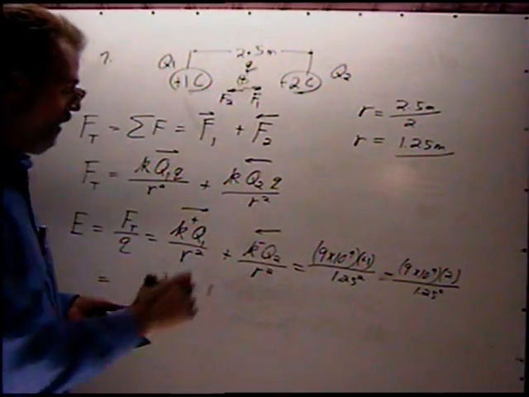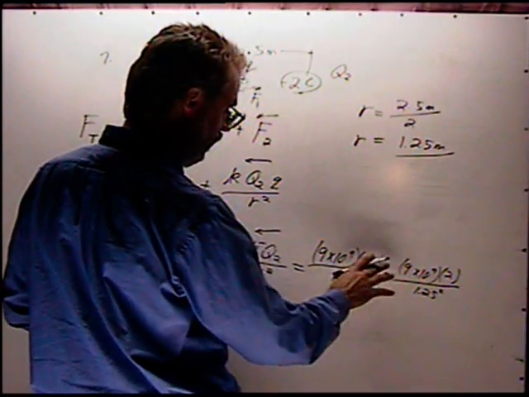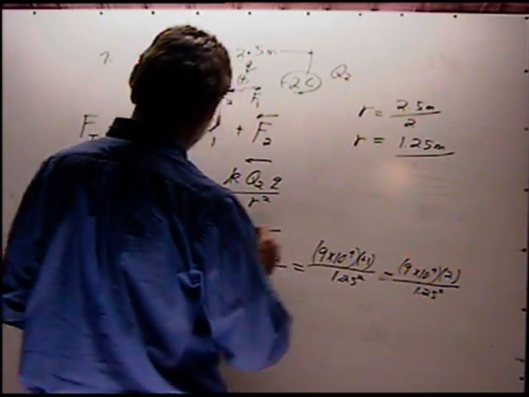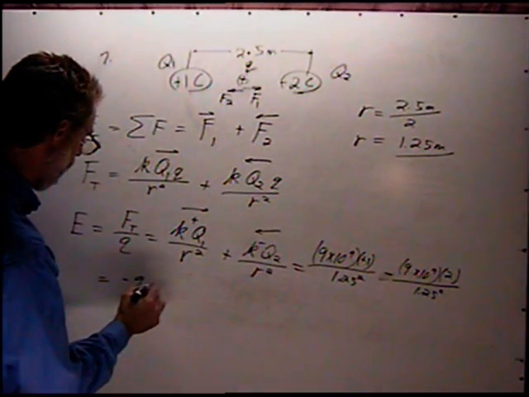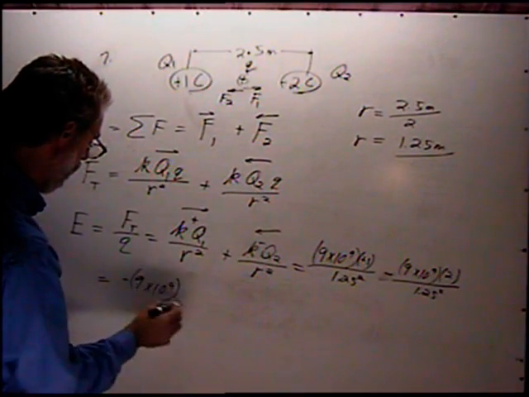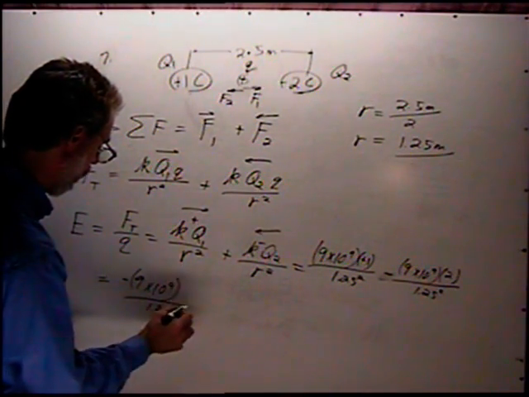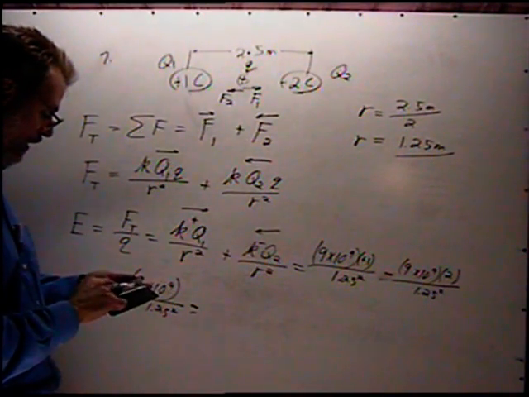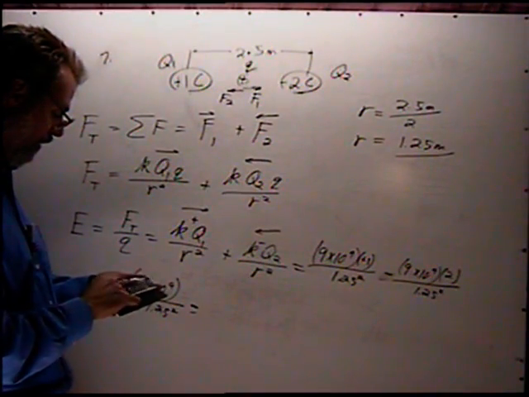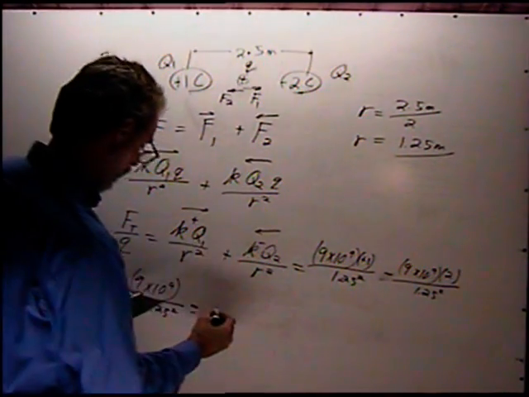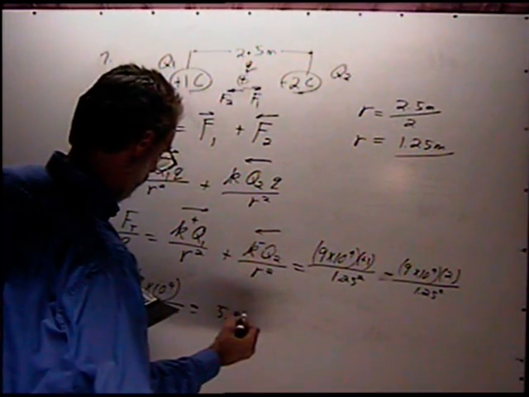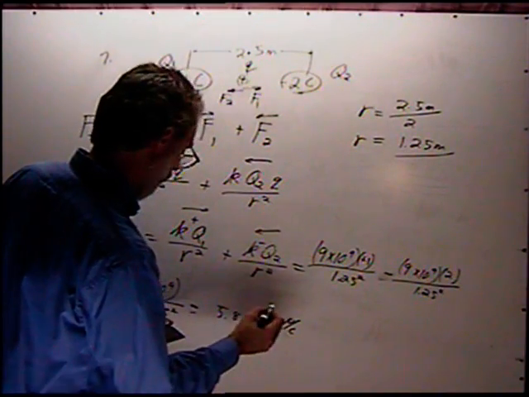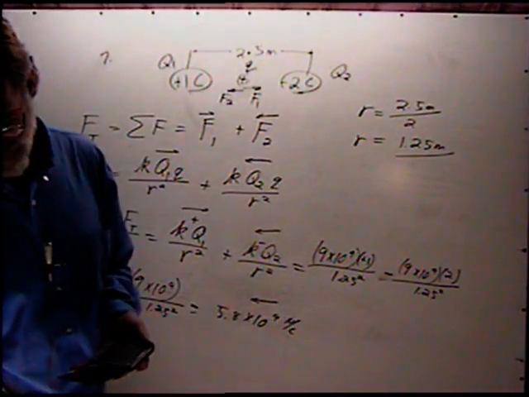I can add these up algebraically, and I'm going to end up getting minus 9 times 10 to the 9th divided by 1.25 squared. Okay, 9 e to the 9th divided by 1.25 squared, and I get 5.8 times 10 to the 9th Newton per coulomb, and it's an electric field to the left.